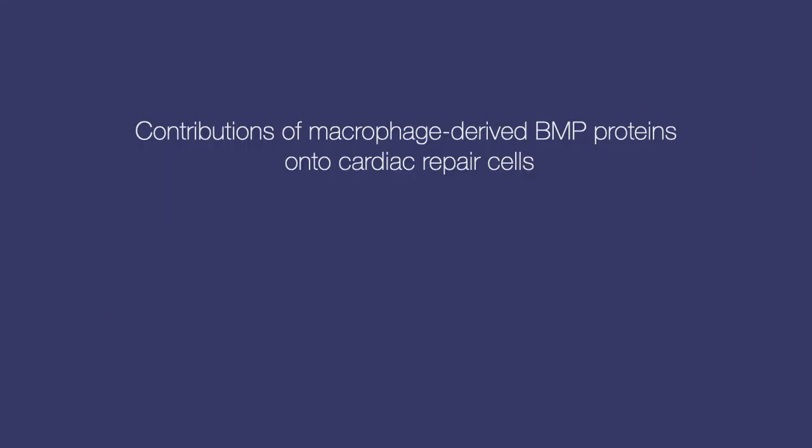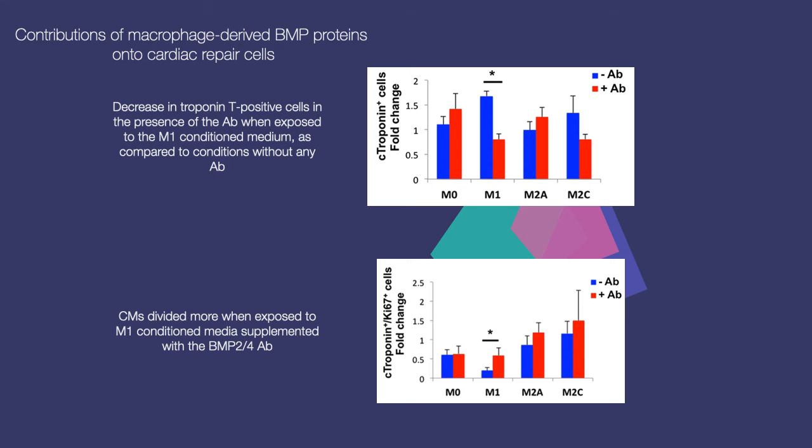Lastly, they looked at the contributions of macrophage-derived BMP proteins on cardiac repair cells. So the first image shows a decrease in troponin T positive cells in the presence of the antibody when exposed to the M1 conditioned media. However, you did see an increase in troponin T for the M2A profile and the M0 profile.